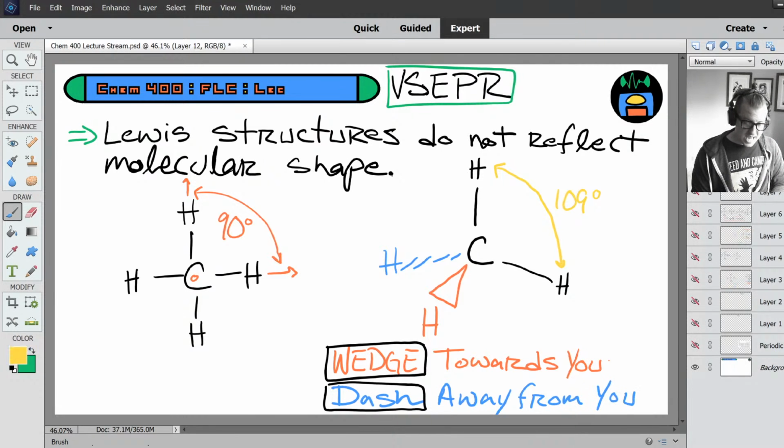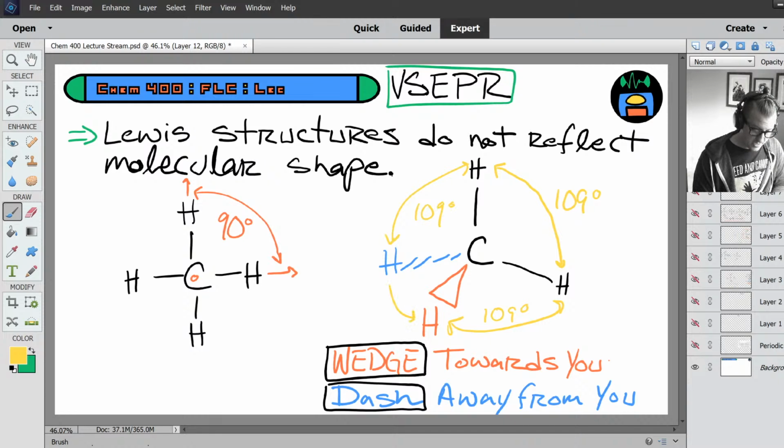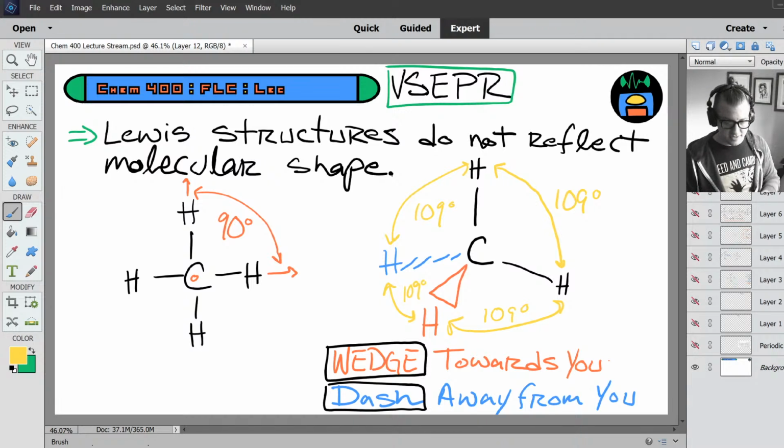And if you take any two H's and use carbon to measure the angle that they form, it'll be 109 degrees between all of them. They all have the same bond angle. All right. Even though this one looks shorter, it's just a matter of perspective, because you're looking dead on. One's coming at your face and one's going away from your face. It's hard to depict with the webcam.